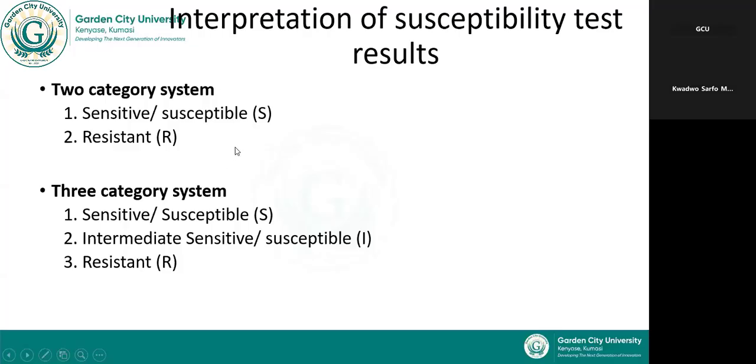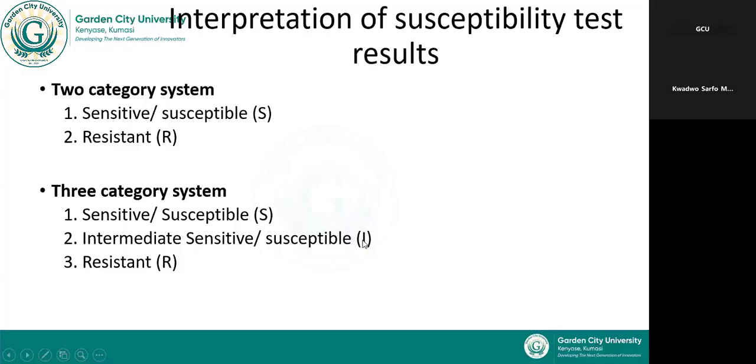But this two category system is not recommended, and the WHO has come up with a 3-category system where we record sensitive, resistant, or intermediate sensitive. Here, the intermediate sensitive indicates that the organism is in between sensitive and resistant, a buffer. So the clinician may prescribe the antibiotic that is showing intermediate sensitive, but with caution.